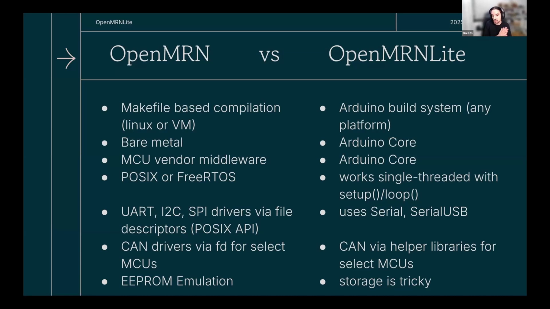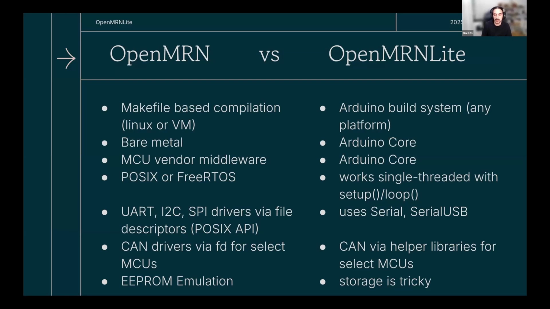CAN drivers are actually very interesting. For real OpenMRN, we wrote our own CAN drivers, often using the middleware, but generally doing specific customization on top of that for seamless queuing, etc. Whereas in Arduino, there isn't really a standard CAN library.